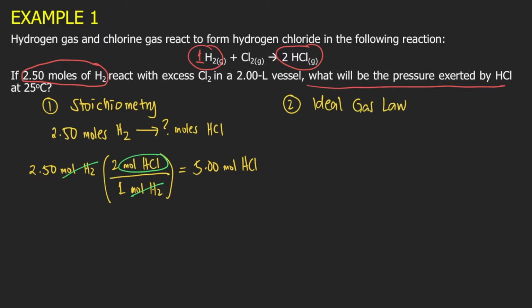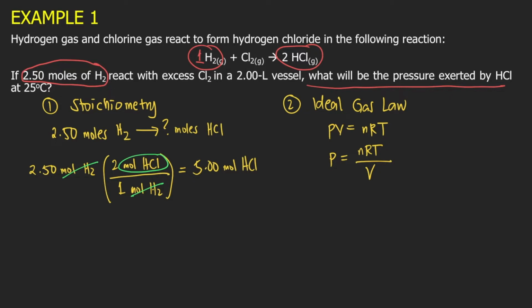The ideal gas law, we know, is PV equals nRT. But the question is asking for pressure, so we rearrange the equation to solve for pressure. If you rearrange the equation, it becomes pressure equals nRT divided by V. So this will now be our equation for pressure.